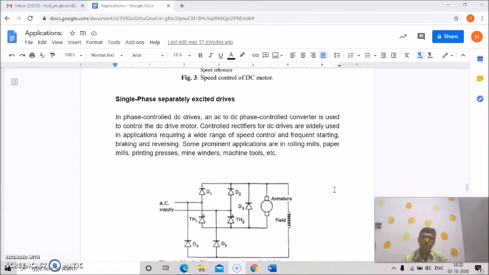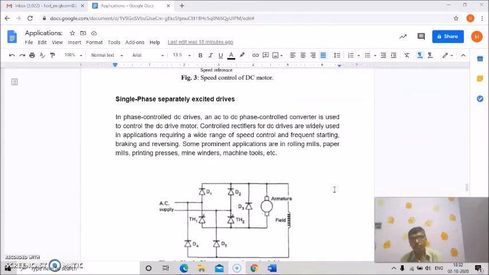If the speed is not constant, the product where it is being used will not be of the required level, whether it is thickness or productivity, whatever may be the case. So that should be controlled by the drive itself, that is, by controlling the motor speed.